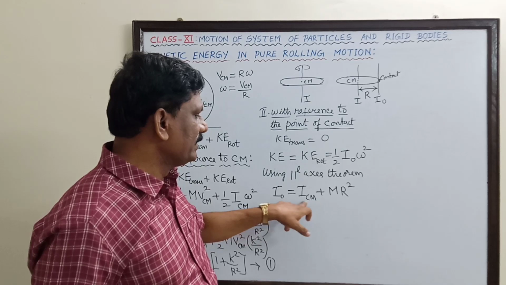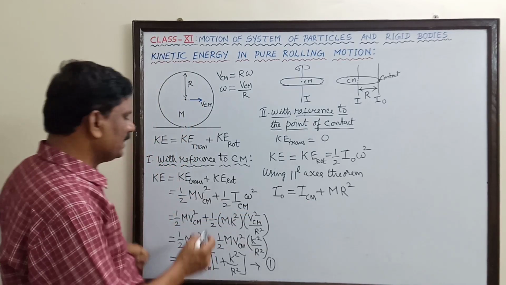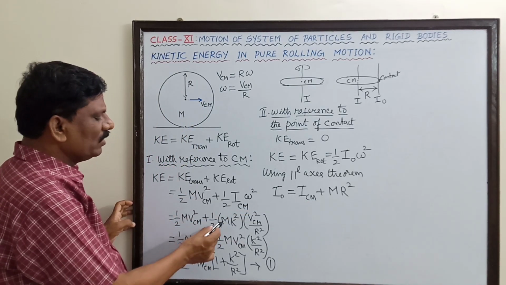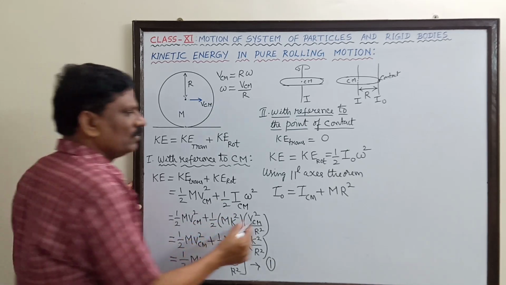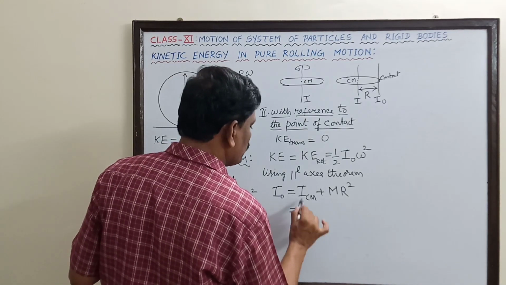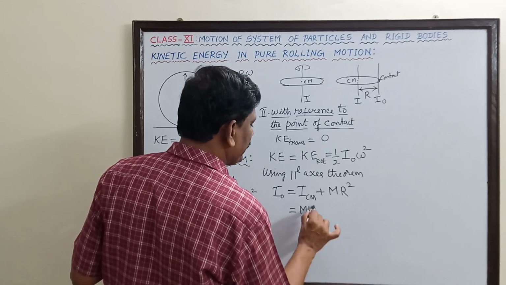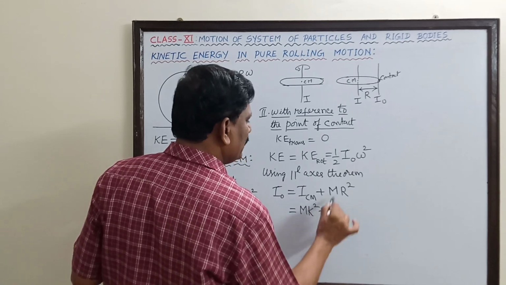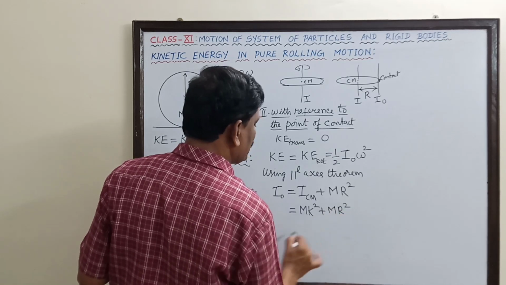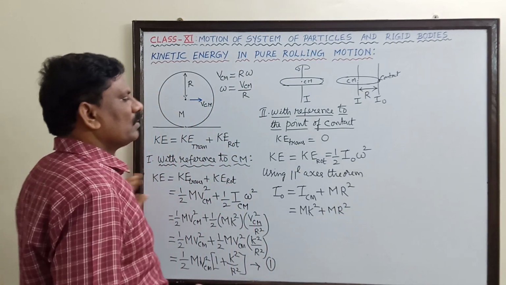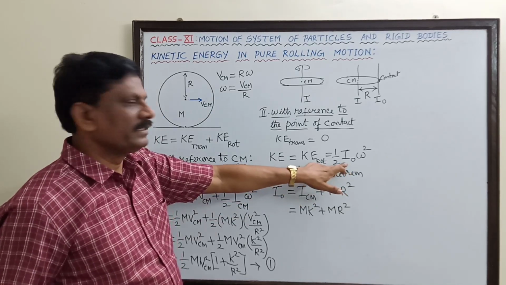And I center of mass we have already derived: ICM is equal to mk square. So I0 is equal to mk square plus mr square. That we have to substitute here.